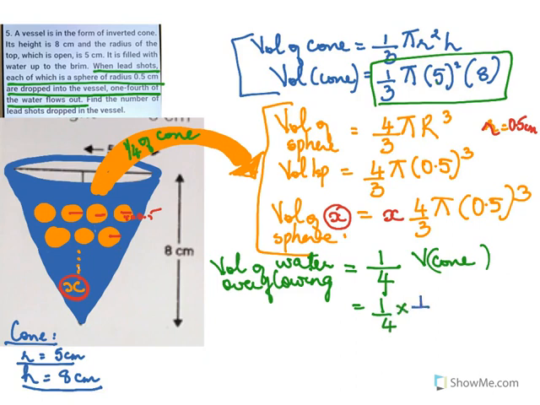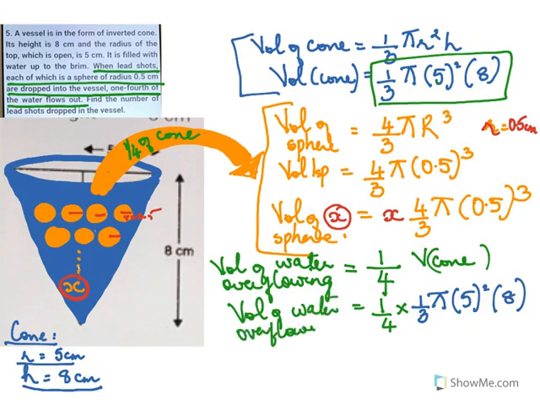We know it is 1/3 pi r square h. This is volume of the overflowing water. Now the next part is, why has the water overflown?